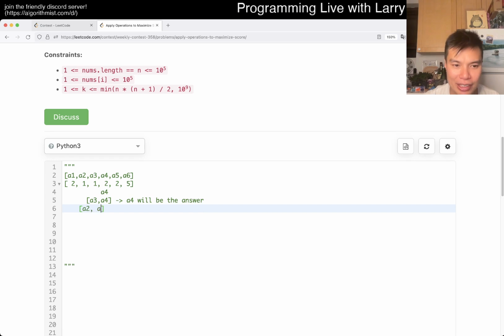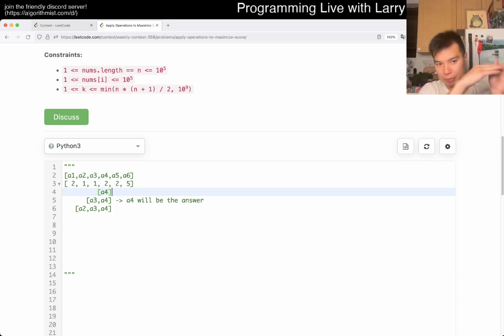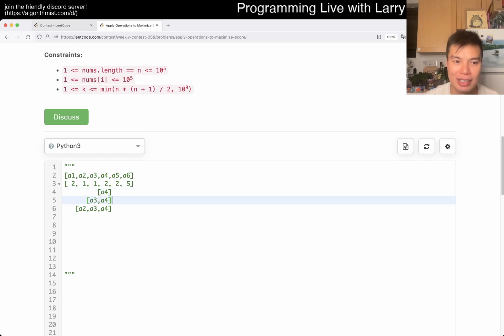Same for A2, A3, A4, until it goes to A1. A1 is the same number, both are 2s, but A1 has the lower index, so it will be A1 and A4 will no longer be the answer. These are the possible answers to the left that have A4 as the answer. Now we do the same for the right.